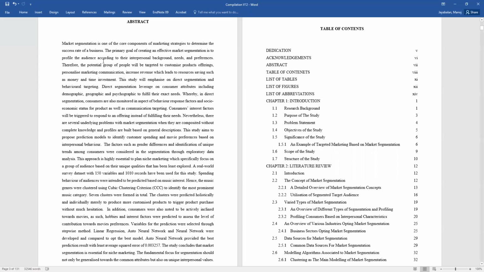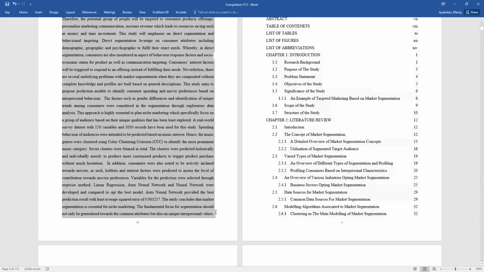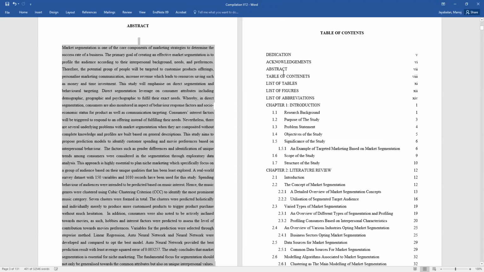Everything is included in this abstract. The abstract is 401 words, which is not required; a minimum of 200 to 250 is the bare minimum.